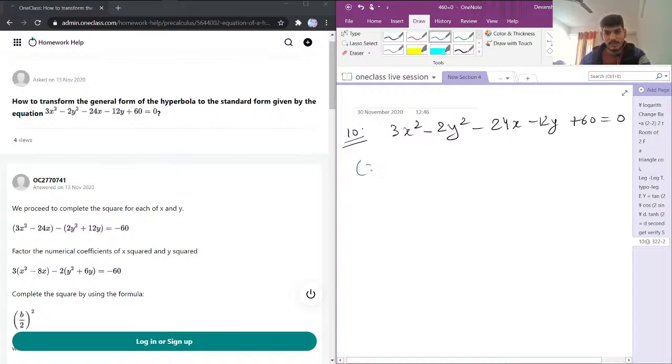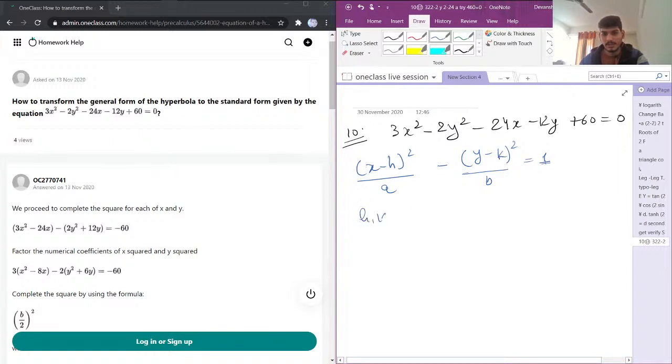It is (x minus h) whole squared over a minus (y minus k) whole squared over b equals 1.